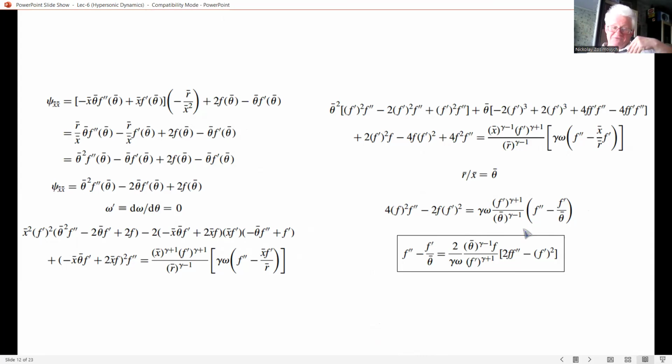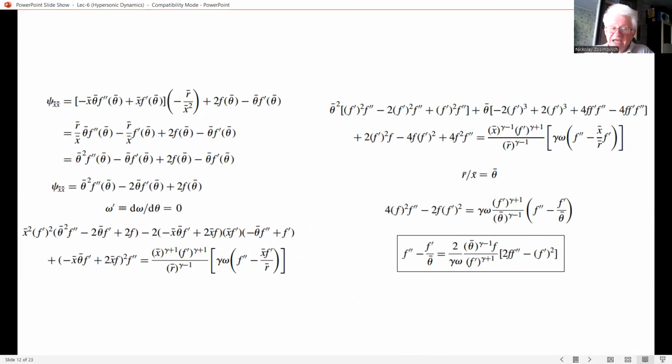Or after final rearranging, we may get this final equation on the right side at the bottom. So this equation is the governing equation for hypersonic flow over a slender cone.